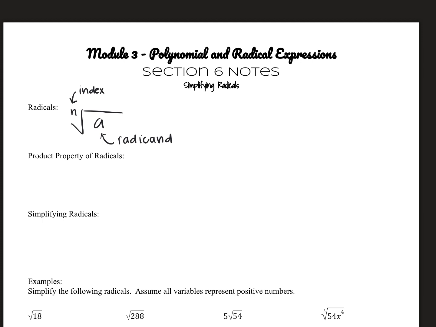There are a couple important things to know about radicals. The first thing is the product property of radicals. If you have two numbers, a and b, where at least one of them is greater than 0, then the nth root of a times the nth root of b is the nth root of a times b.